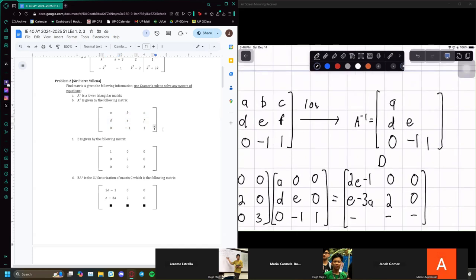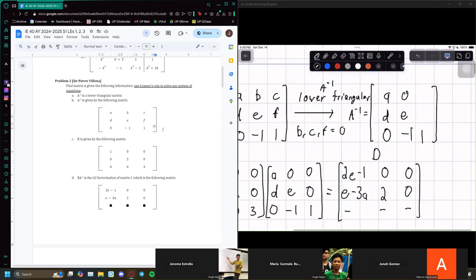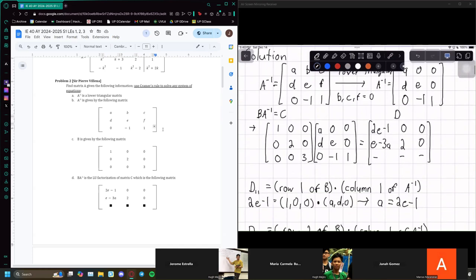Since the inverse of A is lower triangular, these elements above the diagonal should be equal to zero. That's the first step. I'm sure most of you probably got that.